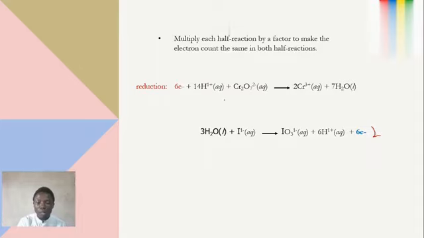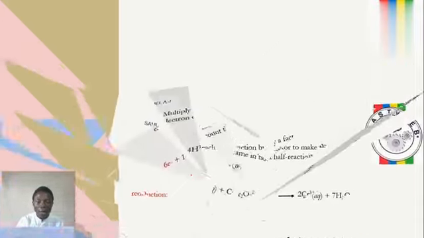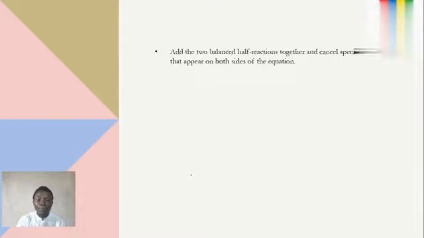What we do is we must make this electron to be equal. That's what we mean by multiplying. But since the electrons are the same, we move on to the next step, and that is adding up. Add the two balanced half reactions together, so that electrons can cancel and some other same species can cancel out. Okay, very good.